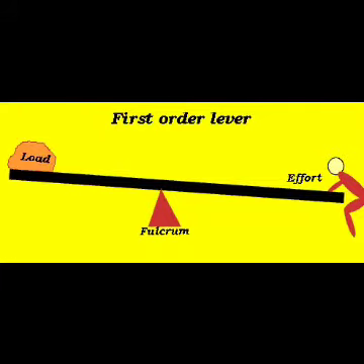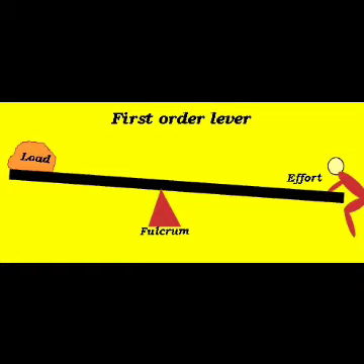First one is the lever. A lever is a tool that is used to pry objects loose, and levers are also used to lift objects. A lever has an arm that turns against a fulcrum.